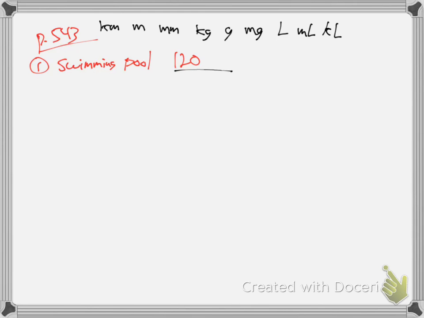If it's a swimming pool, first off, notice those 3 are all kinds of meters, those are all kinds of grams, and those are all kinds of liters. See how they're in 3 groups? These 3 are for length, right? Meter is a length, and these are all weight, grams, and these are all liquid volume.